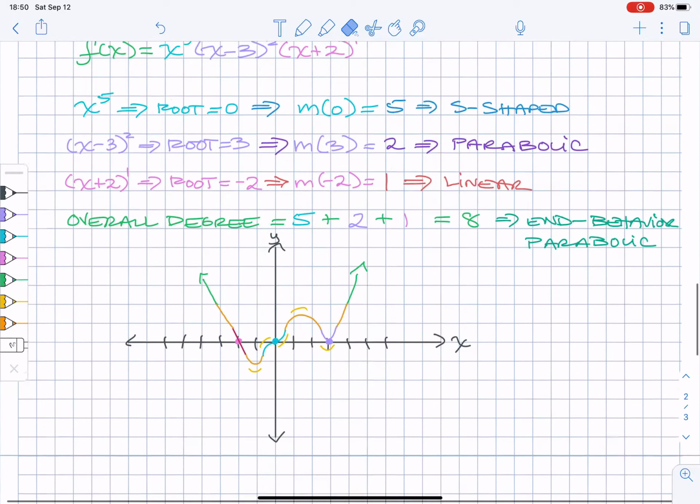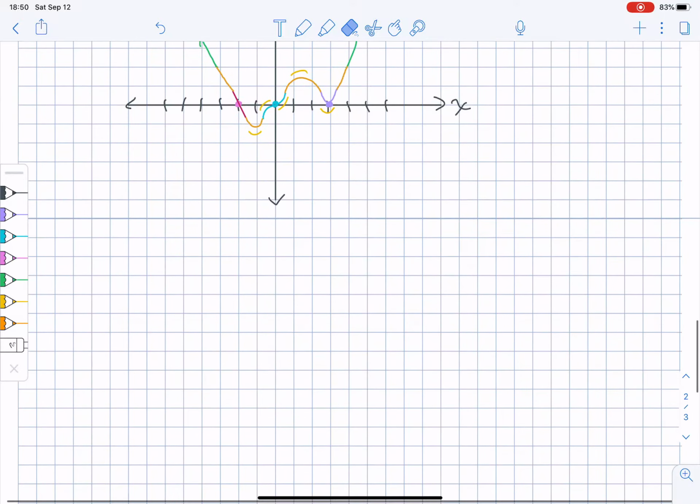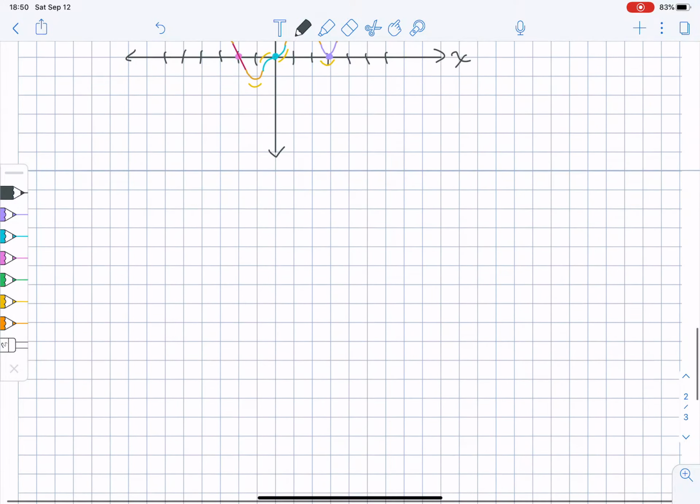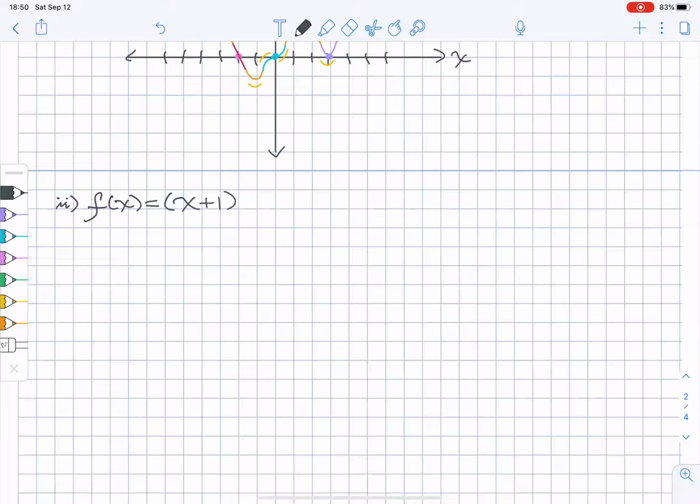Okay, so let's plot another one. So number 2. So let's plot f of x is equal to, let's do x plus 1 quantity cubed and x minus 2, and then x minus, what shall we do?